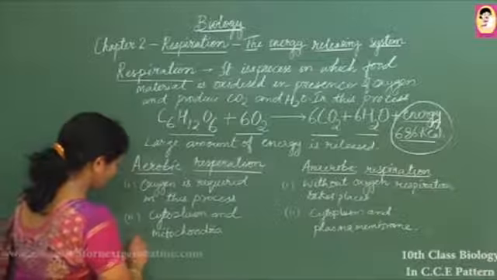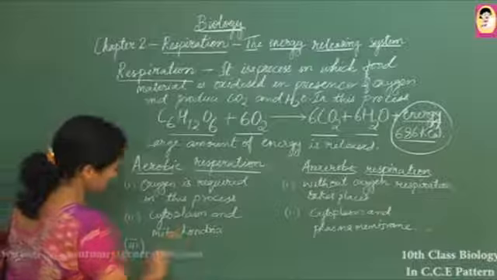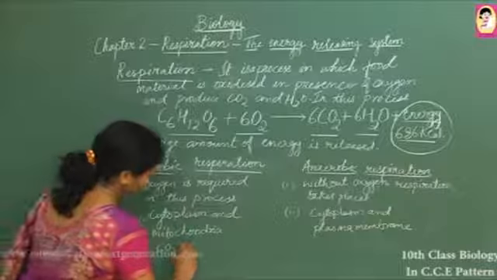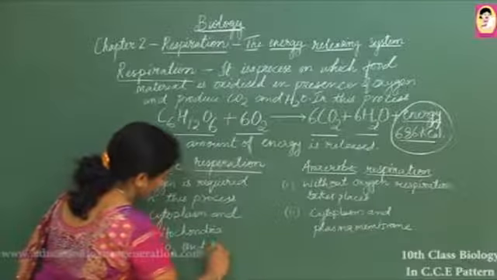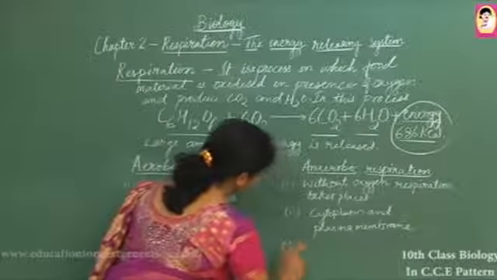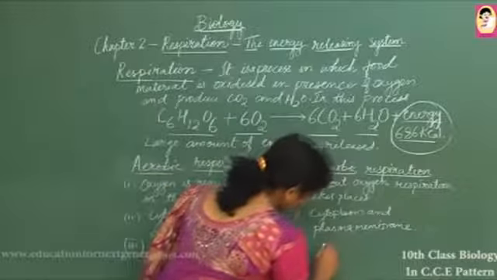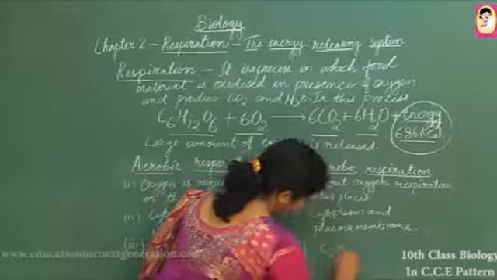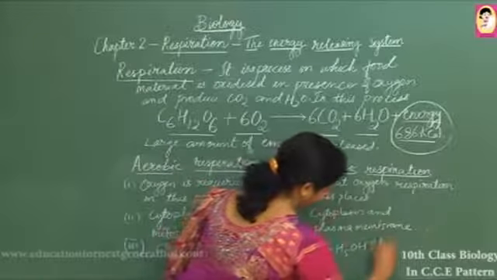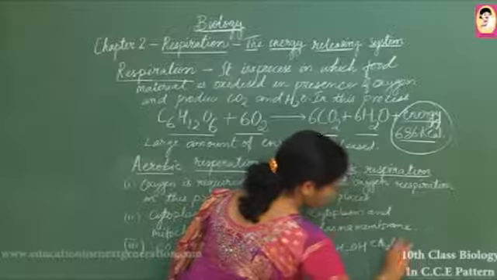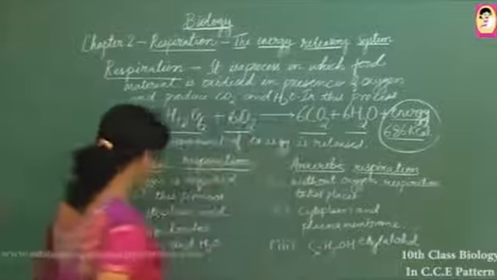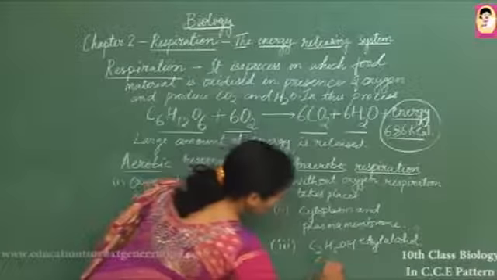In aerobic respiration, the end products, as mentioned above, are carbon dioxide and water. In anaerobic respiration, ethyl alcohol is the end product, and CO2.